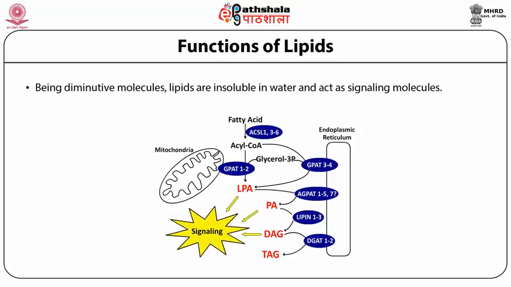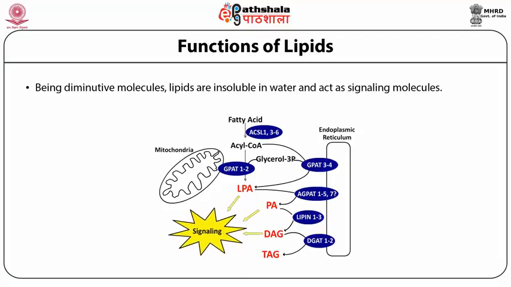For example, when fatty acids are broken down into acyl-CoA, this results in the formation of LPA or lysophosphatidic acid, phosphatidic acid, diacylglycerol or triacylglycerol, through a step-by-step pathway which takes place either in mitochondria or in endoplasmic reticulum.